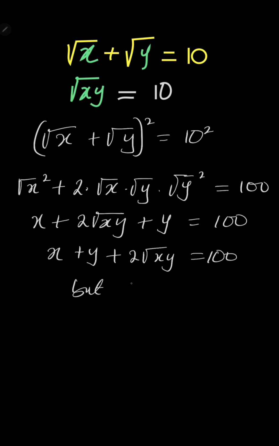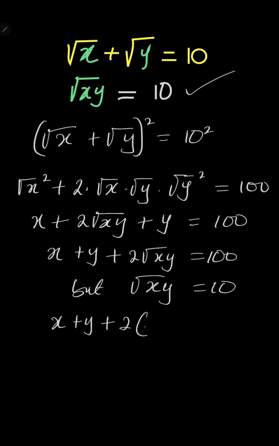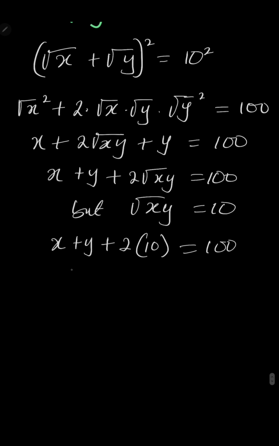But from equation 2, root xy is equal to 10, so we'll replace it with 10. We have x plus y plus 2 multiplied by 10. I'm replacing root xy by 10. Everything is equal to 100.